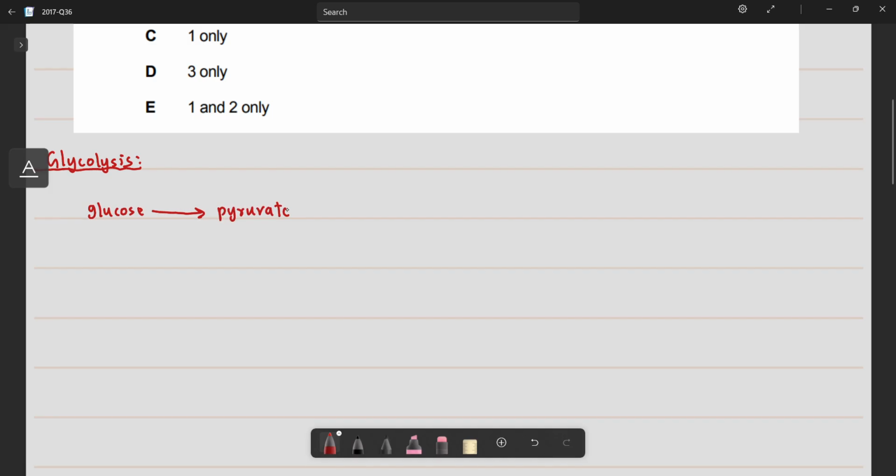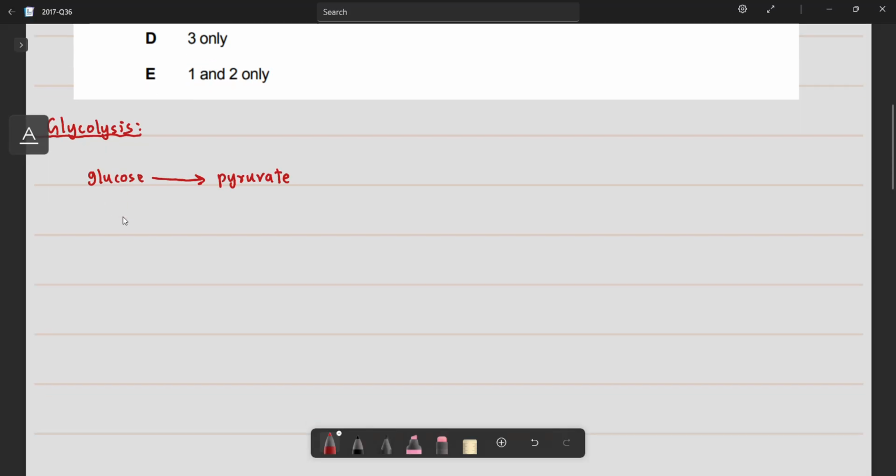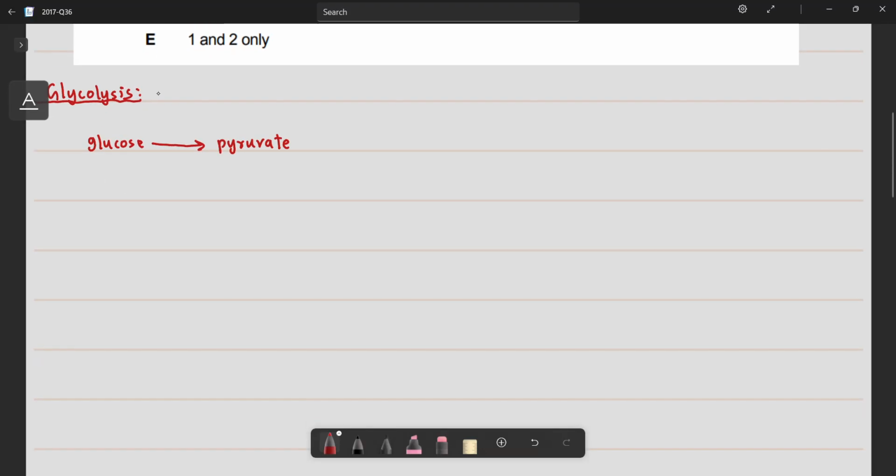Okay, so this is a product of glycolysis. This is the very general equation for glycolysis. So the main product is pyruvate. Okay, so this reaction is generally anaerobic, meaning this reaction occurs in the absence of oxygen.